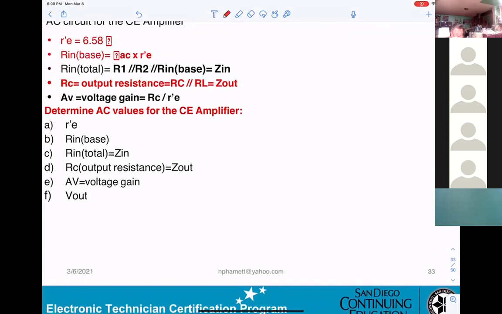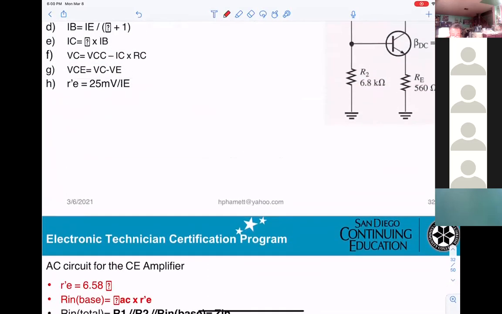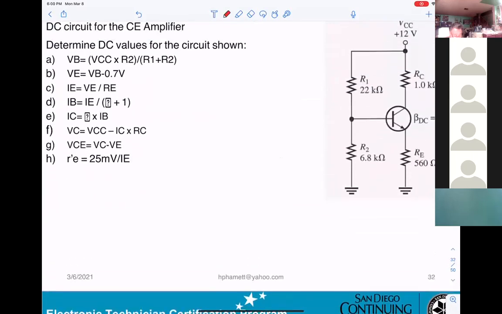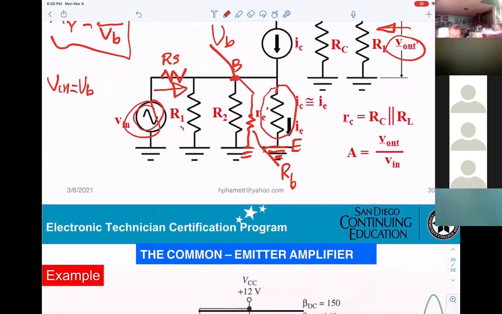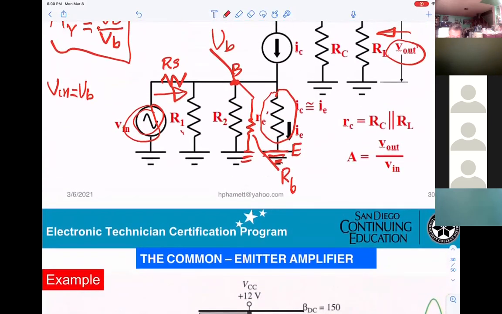Mr. Pham, yeah. I had a basic question on the one you passed up. The R prime E was in parallel with those other resistors, and you said the R prime E was inside the transistor, but still, since it's in parallel, how come you're not using it? Is it that the value of R prime E is so small?